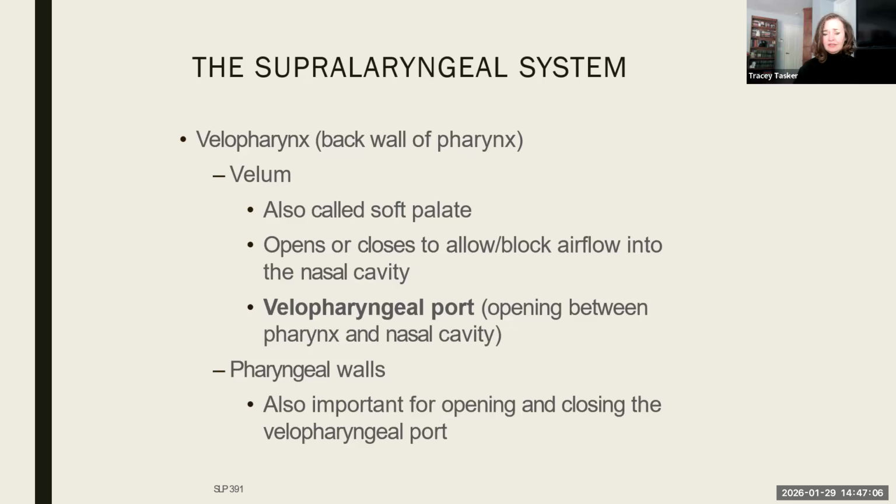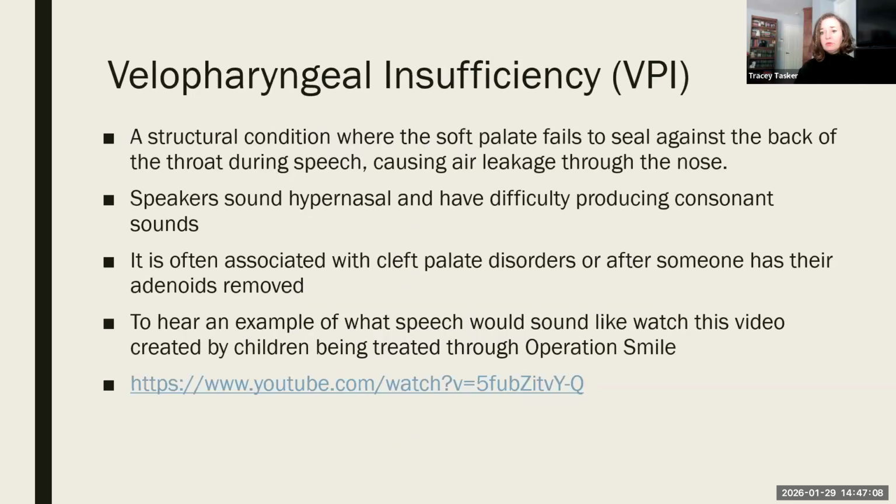So this becomes very important when we talk about someone who has what's called velopharyngeal insufficiency, or VPI. So this is someone born with a structural condition where their soft palate fails to seal against their throat, their pharynx during speech, and that causes air leakage through the nose.